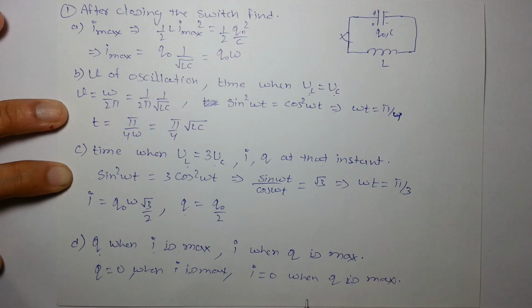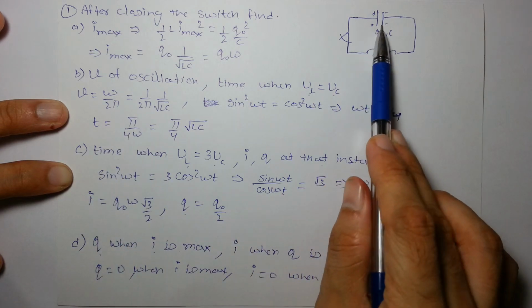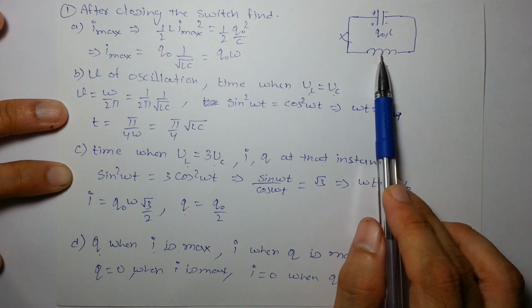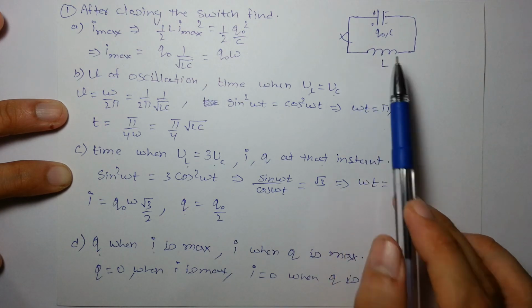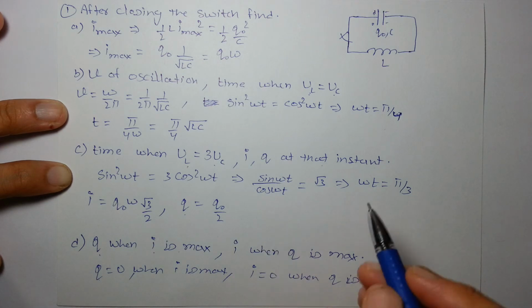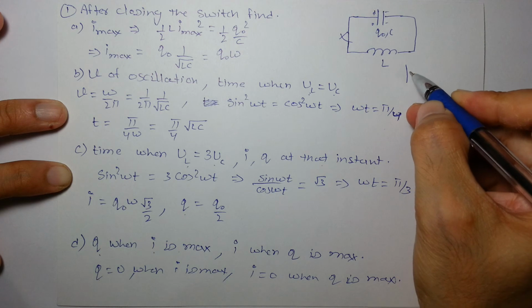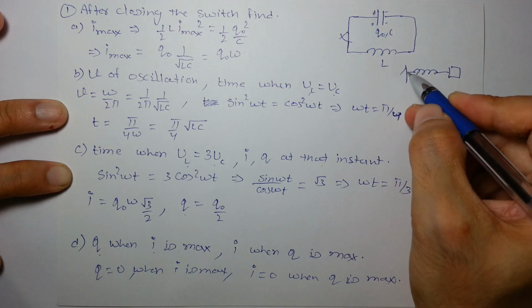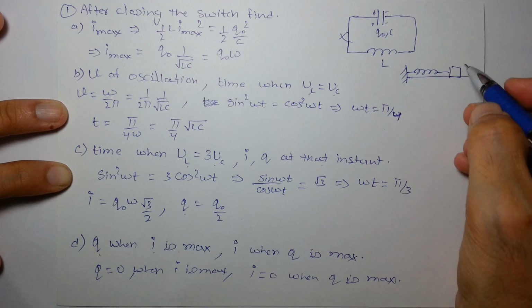Okay. At one instant, the complete energy is in electric form, and at another instant, the total energy is in magnetic form. This type of oscillation can also be analogously explained by the oscillation of a spring block pendulum.